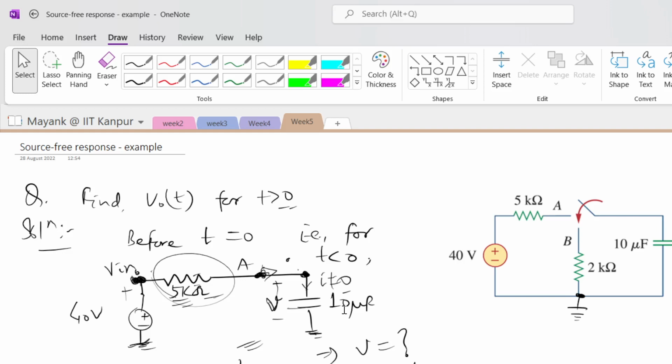So for that case, I first have to find out what happens to this voltage, because as you can all agree, this capacitor will be charged.